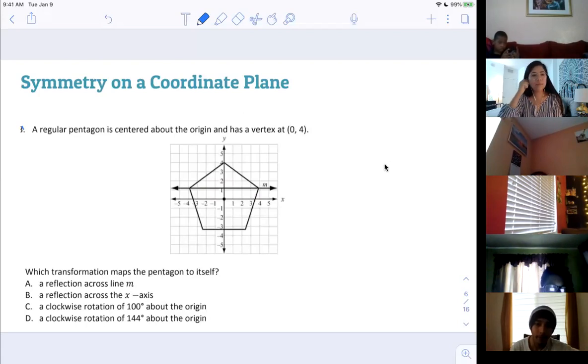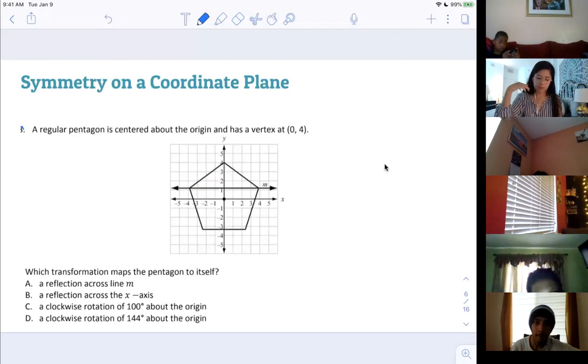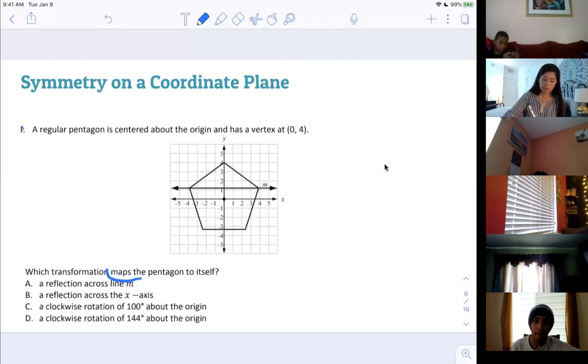A regular pentagon is centered about the origin and has a vertex at 0,4. Which transformation maps the pentagon to itself? Perfect. So these are your key words. You want to know which one will map the pentagon to itself. So what that means, can somebody say that in normal words? What is it trying to ask?